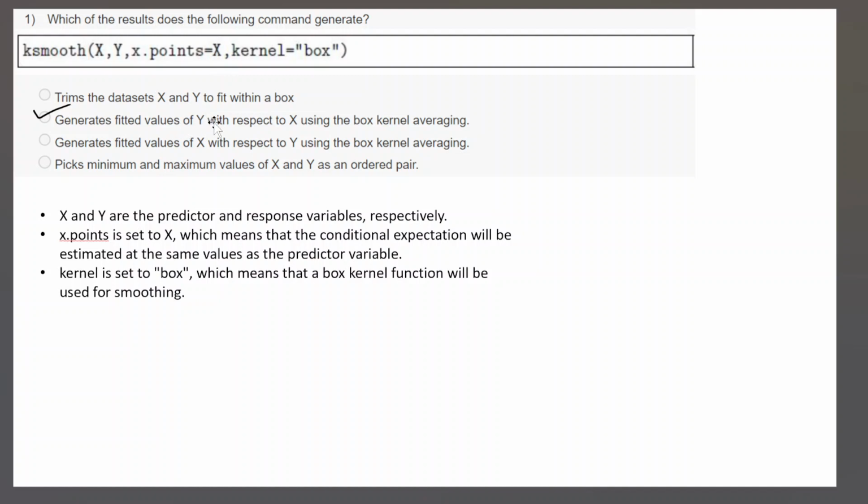We have seen what kernel smoothing is. It fits the value of Y with respect to X. What are the other two options?